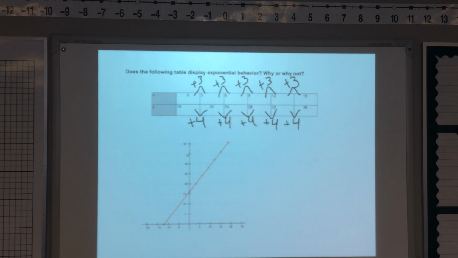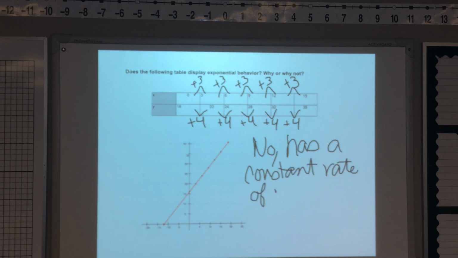And 32 plus 4 is 36. Which gives me that constant rate of change, sorry. So this one we know is not exponential behavior because it has a constant rate of change, which makes it linear.